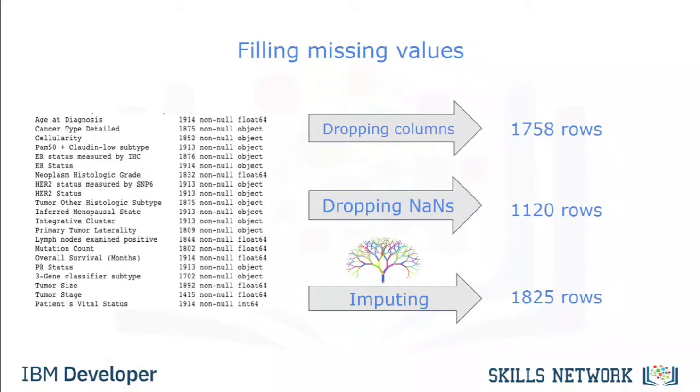And if we drop all the NaNs, we will get 1120 rows, and this is too small compared to other alternatives. The last alternative is to impute the features with random forest, and we will get 1825 rows.